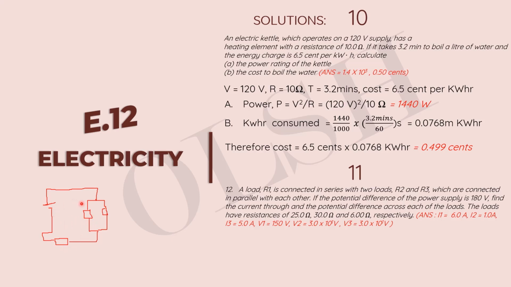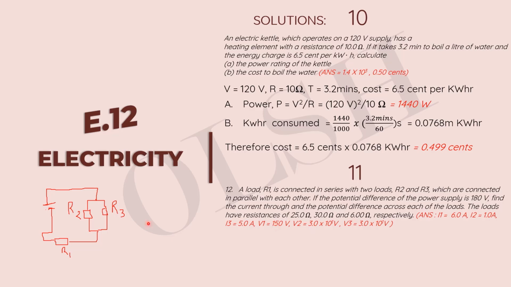I'm sure that's easy to understand. This is load R1, this is load R2, and this is load R3. Load R1 is 25, load R2 is 30, load R3 is 6.